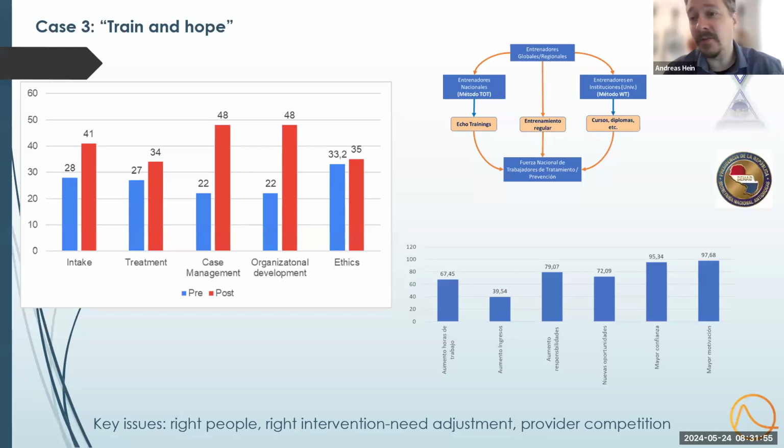There are the results of a follow-up where we asked them what kind of new practices they have been implementing in their dealing with people with substance use disorders. And there are a lot of changes. For example, a lot of new practices in intake and case management and organizational development, like record keeping, all kinds of things to work.